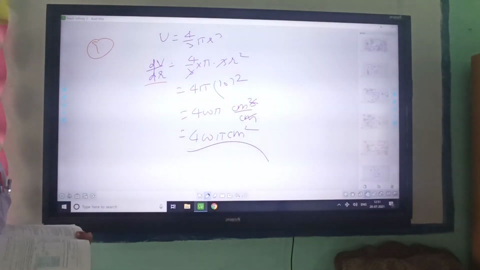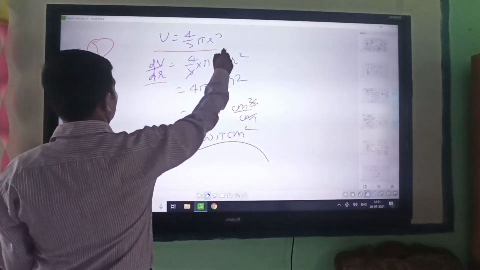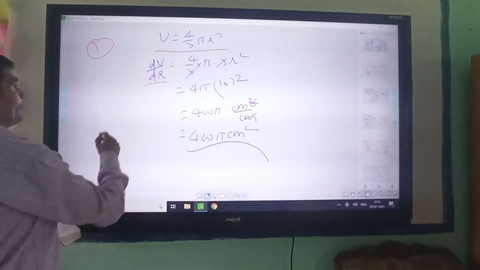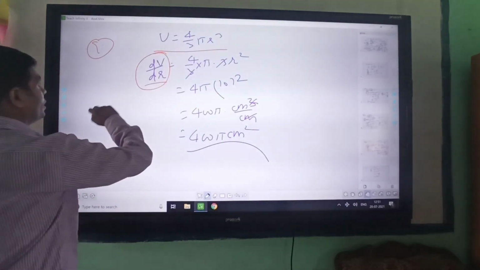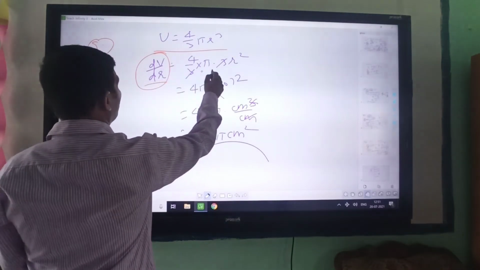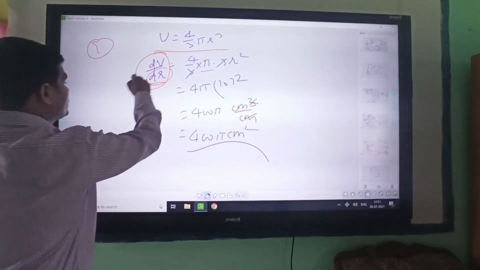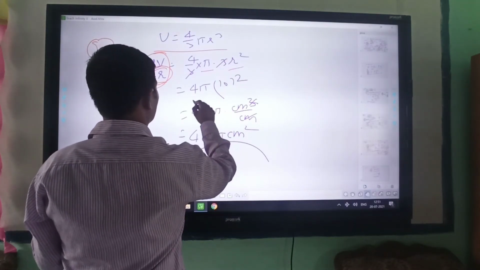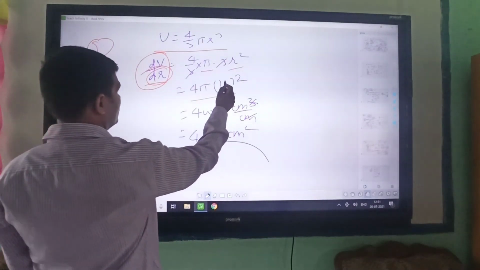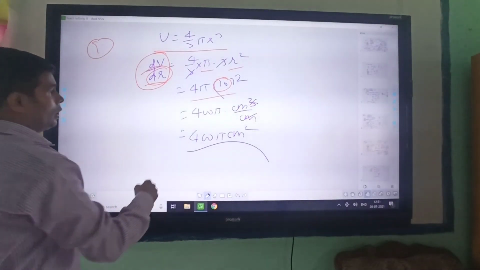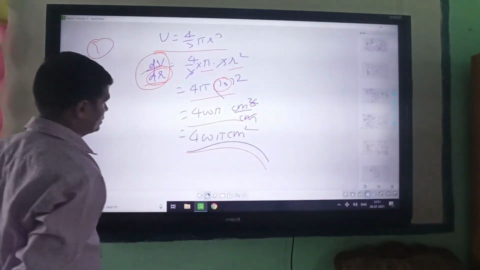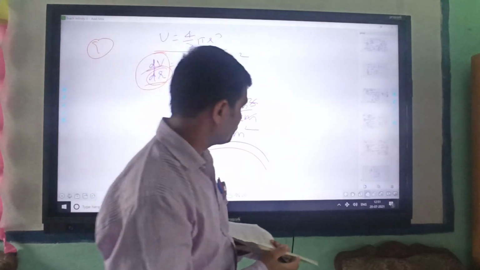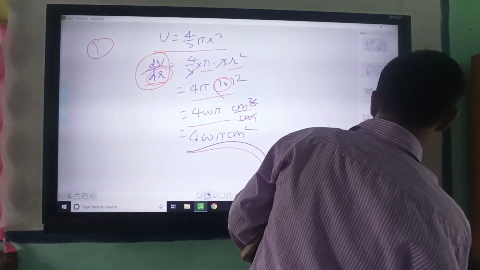The volume is 4 by 3 pi r cube, and differentiating with respect to r, dV by dr gives 4 pi r square. The value of r is given, I think 10, so after substituting we will find the answer.